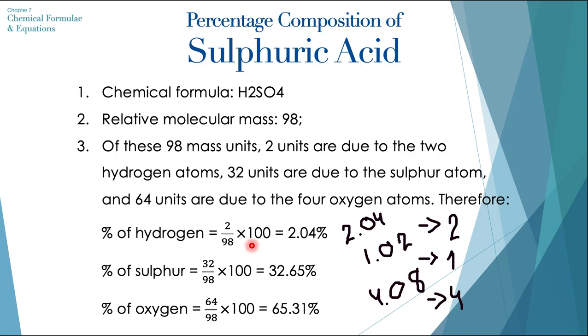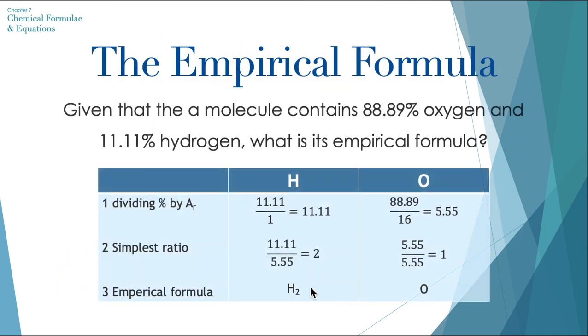I hope you've got the point. I've found the empirical formula of H2SO4, and in the same way you can find the empirical formula of other stuff. The thing that you have to remember is how we find the empirical formula.